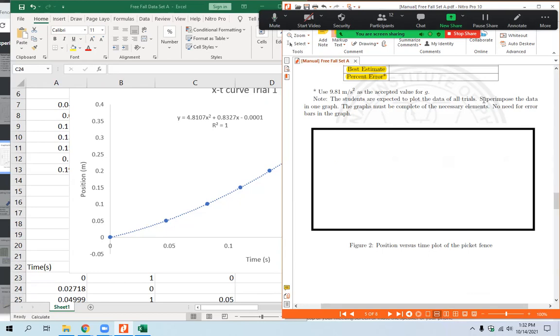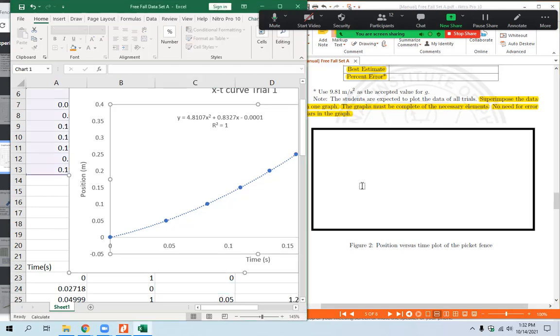You want to graph superimposed for all 3 trials. So dapat complete yung lahat ng elements na described natin earlier. And as I said, for this experiment, there's no need for error bars. So you don't have to concern yourself with that. Superimposed, so trial 1, 2, 3 sa isang plot.